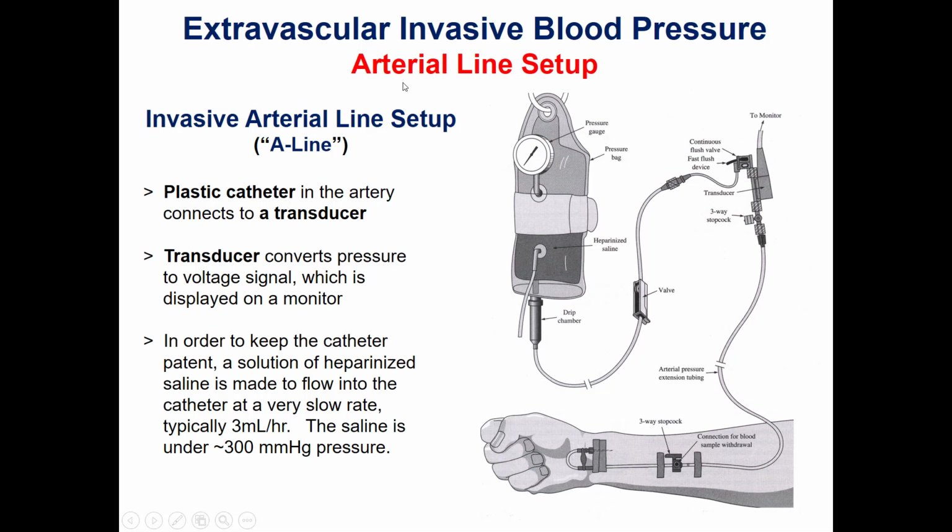This setup is used in the measurement of the extravascular invasive blood pressure. It's called the A-line or arterial line setup. A plastic catheter here is inserted inside the artery.